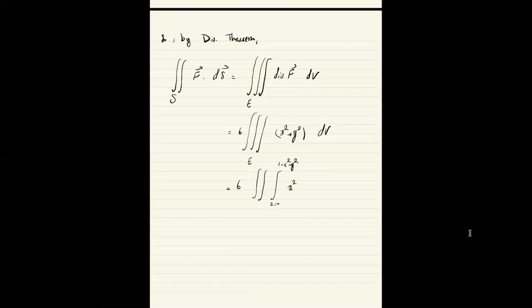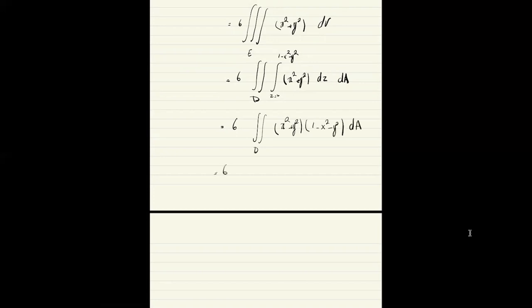Of the function x squared plus y squared dz, and then you'll have to describe the projection dA onto the 2D plane. But here it's easier done with polar coordinates, so it's 6 times the double integral of x squared plus y squared times 1 minus x squared minus y squared dA.